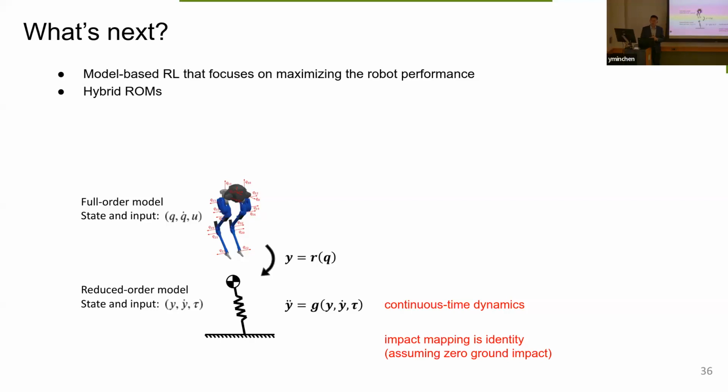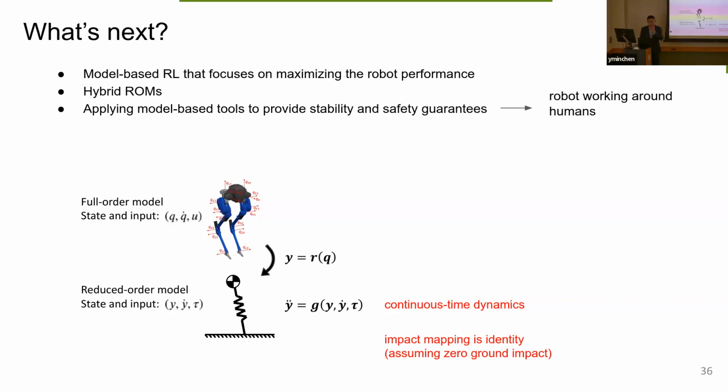So we don't have the discrete time dynamics here. We actually circumvent this problem in the MPC by assuming zero impact, a zero ground impact foot touchdown event. So there's a future direction that we can go.